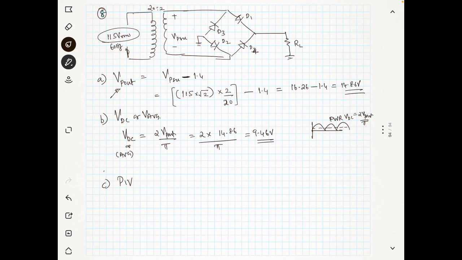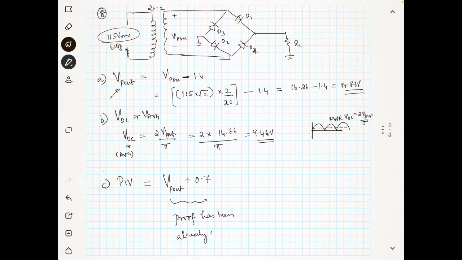Okay, next we want to find out the peak inverse voltage. The peak inverse voltage is nothing but Vp out plus 0.7. The proof has already been discussed in the previous lectures, so please see the lectures for the proof.